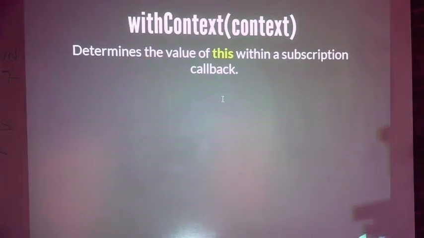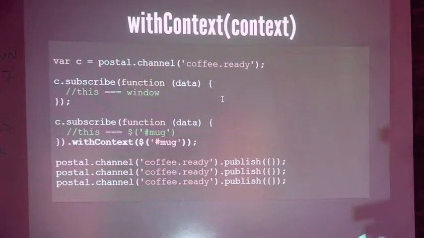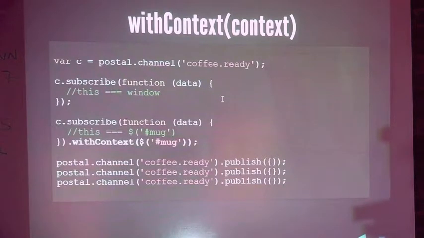So withContext is another API method you can use, and this basically coerces the value of this within your callback. So we all love this in JavaScript. In this case, I have a channel or a topic called coffee.ready, and if I add a normal subscription to my handler, the value of this within that function, as with any freestanding function in JavaScript, is the global object.